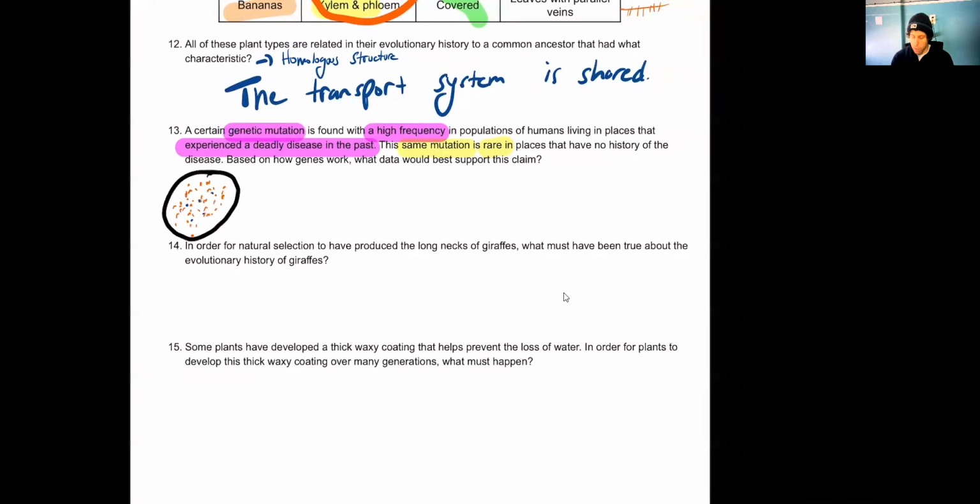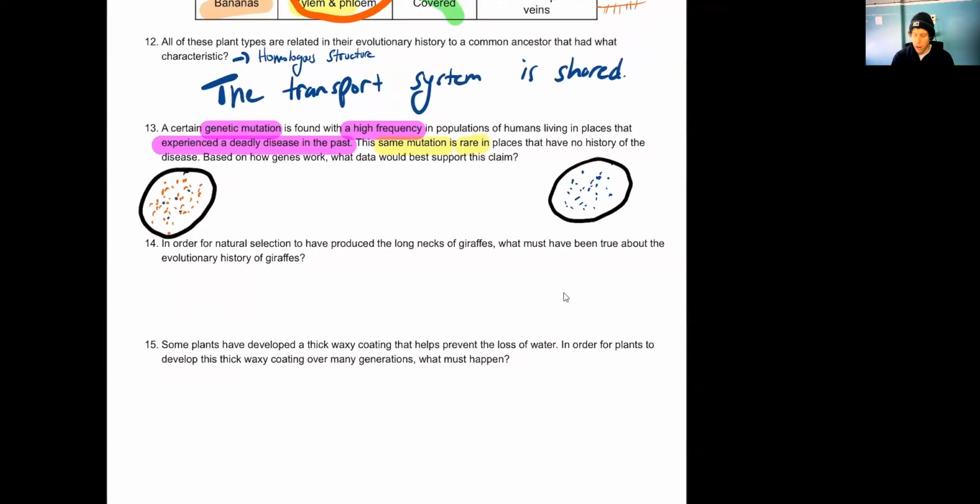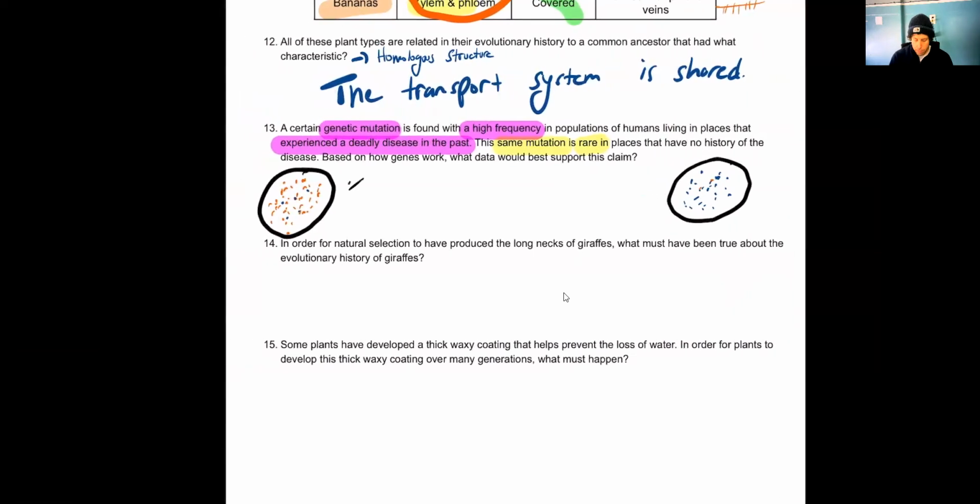We have another group of humans, and most of these people do not have the mutation. Only a handful of them do. It's very rare. And the only difference is the one on the left experienced the disease. So this has the mutation, and they experience disease.